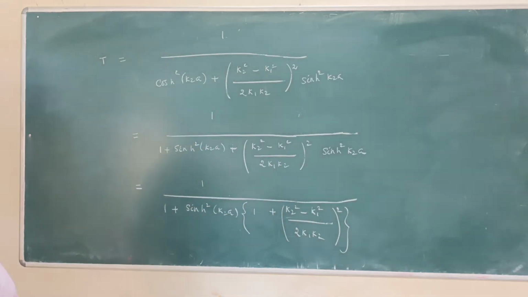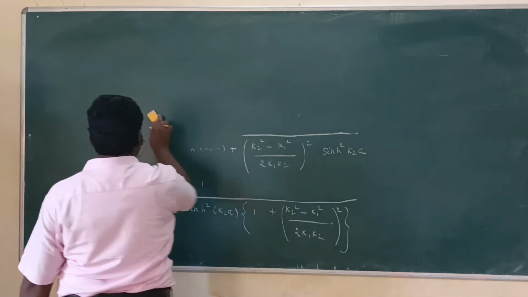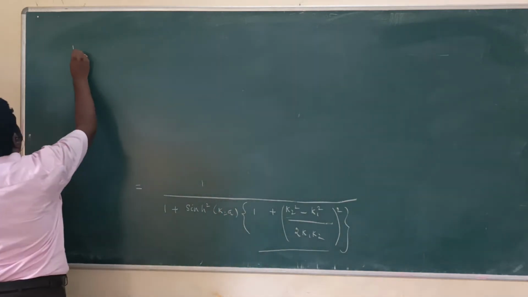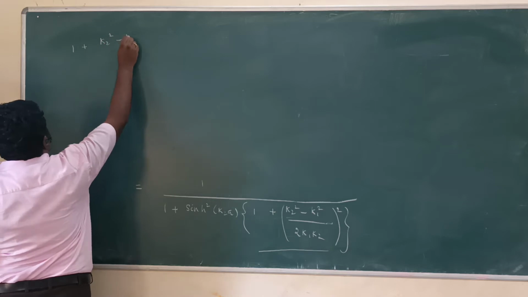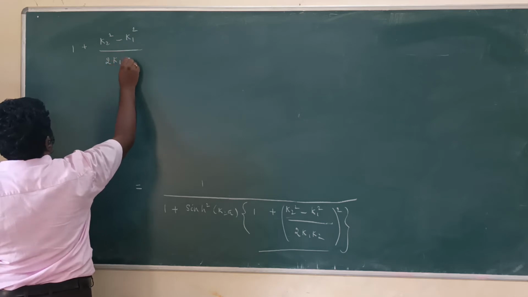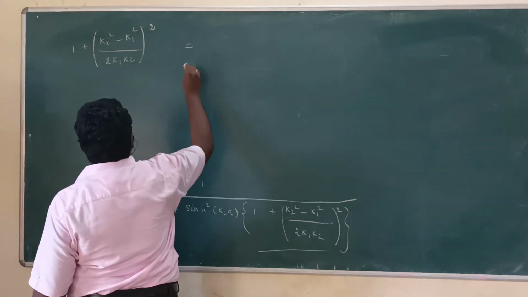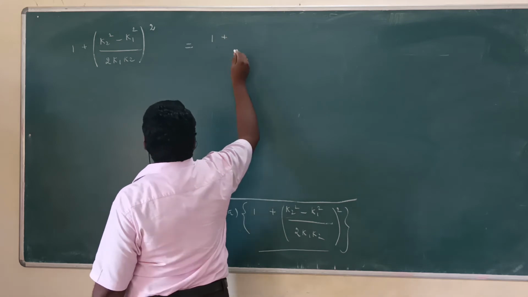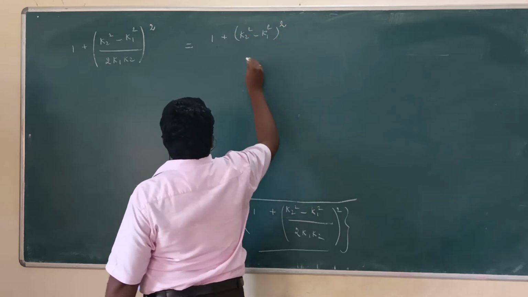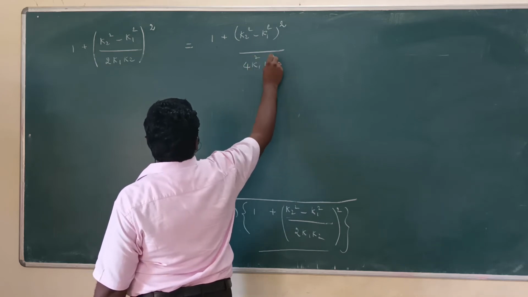Now we should simplify this term. 1 plus (k2 square minus k1 square) whole divided by 2 k1 k2 whole square is equal to 1 plus (k2 square minus k1 square) whole square divided by 4 k1 square k2 square.